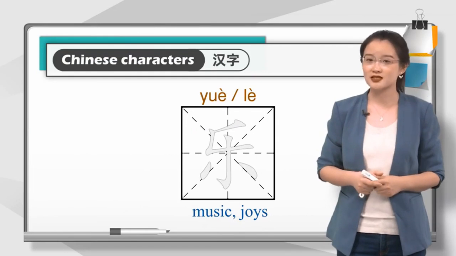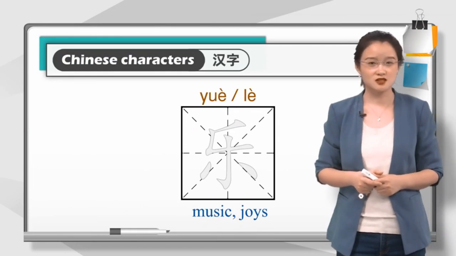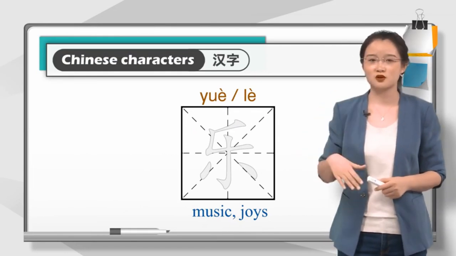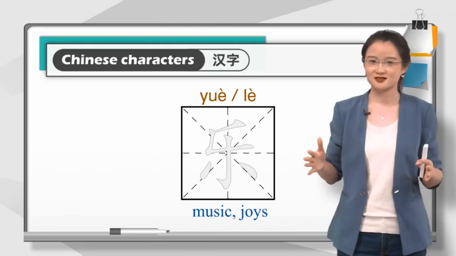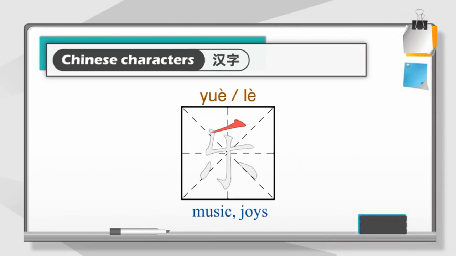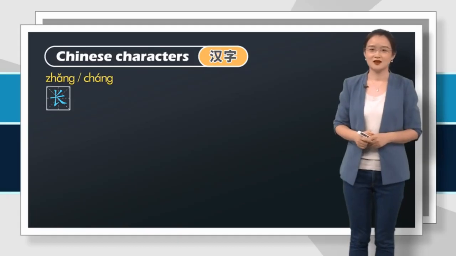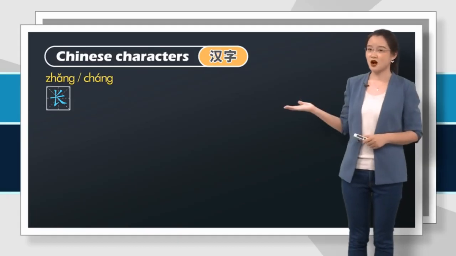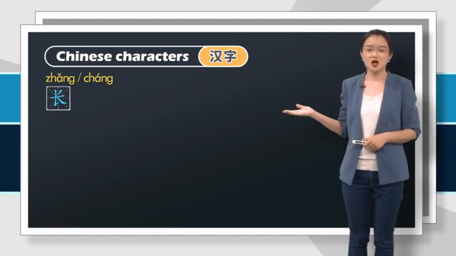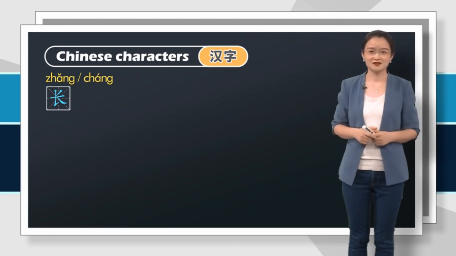Please remember the basic stroke order of writing Chinese characters is from up to bottom, from middle to sides. Okay, the last character also has two pronunciations, 长 or 长.